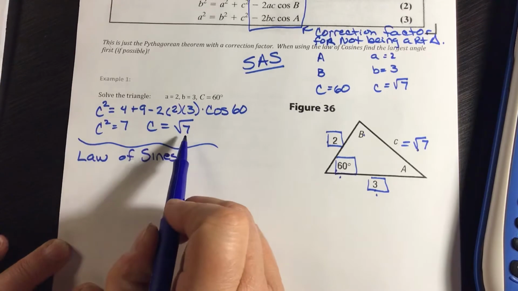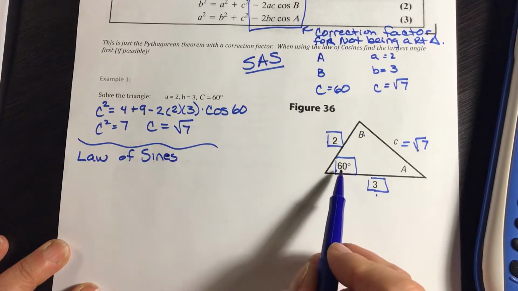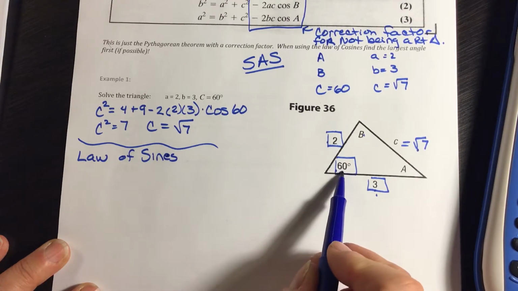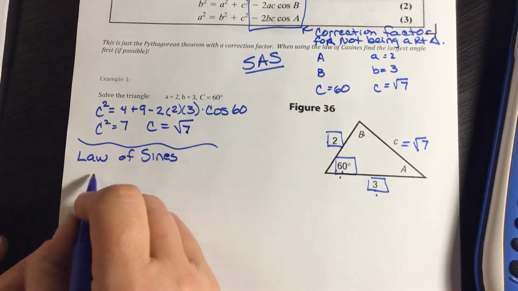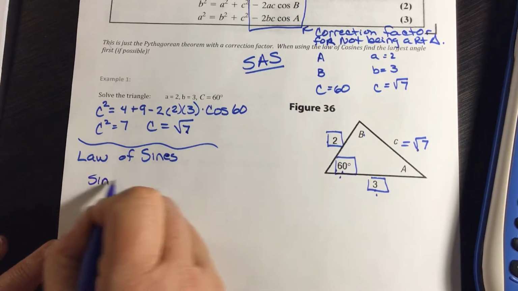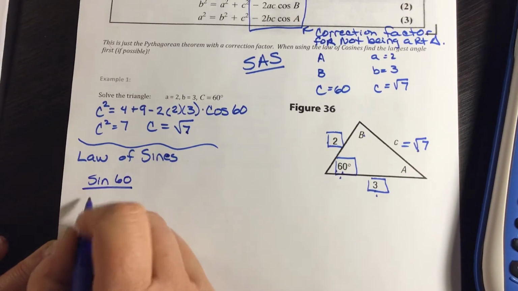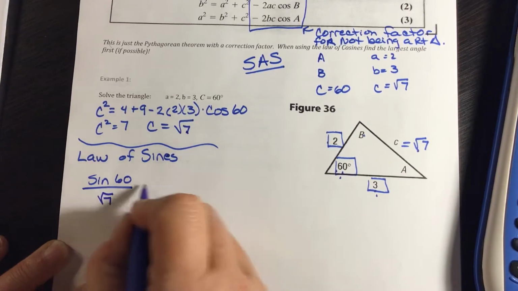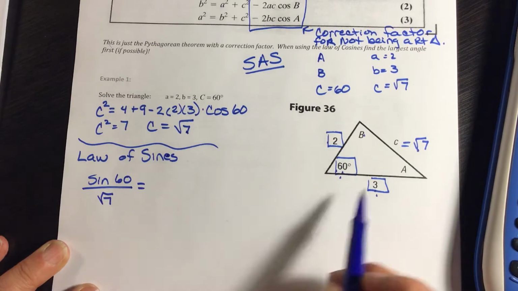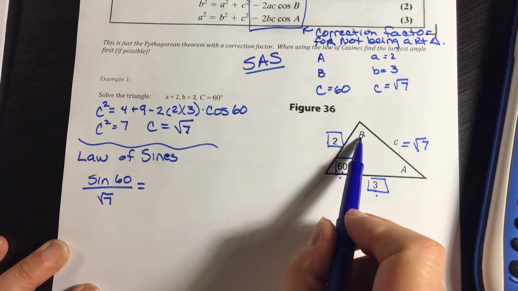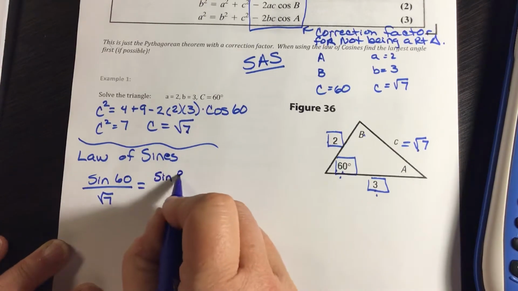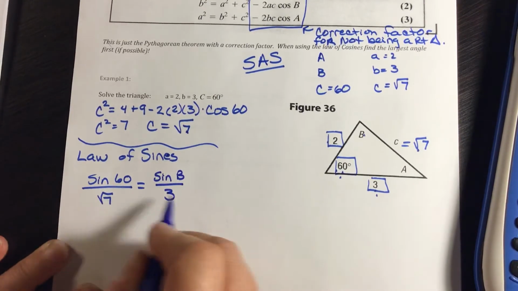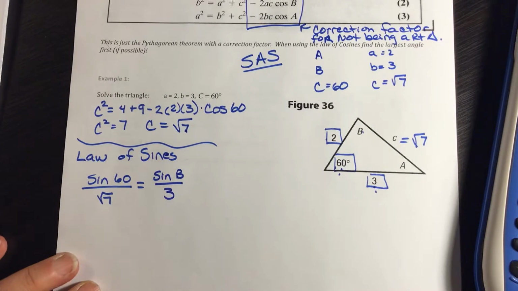Remember with law of sines, we have the sine of an angle over the length of the side opposite. So let's do sine of 60 over the square root of 7. And now let's do sine of B over 3. Remember these ratios are equal.